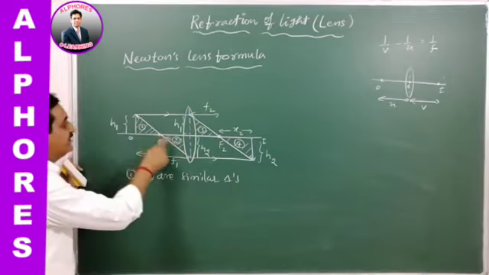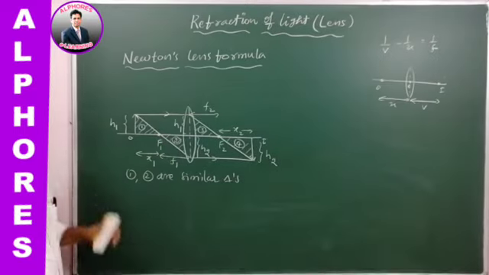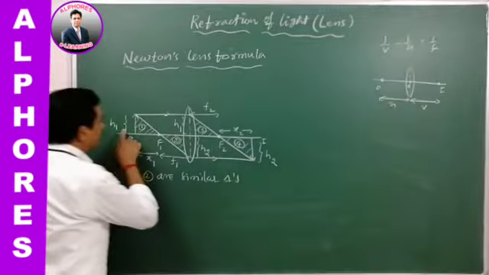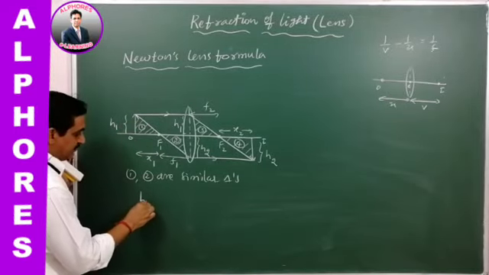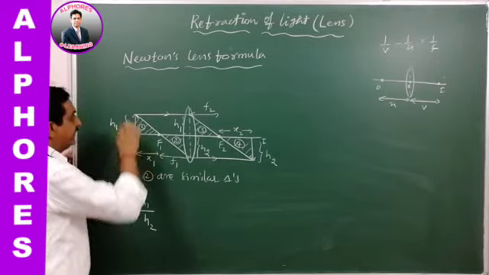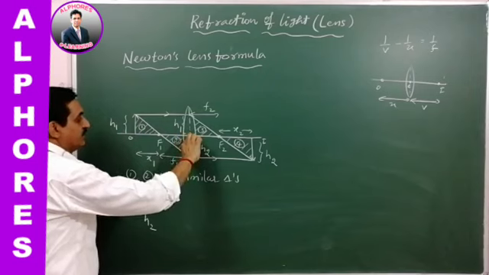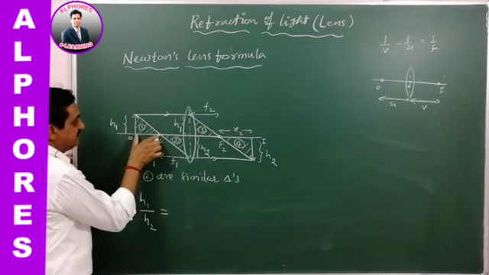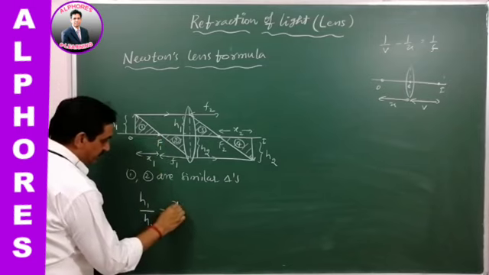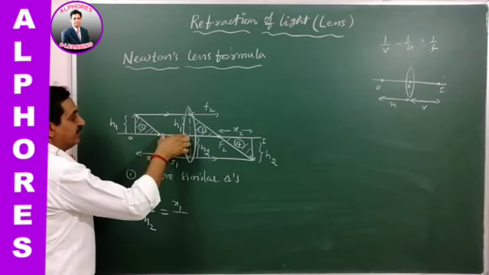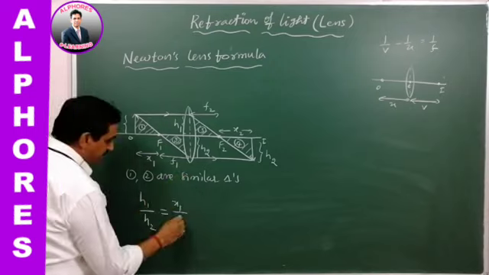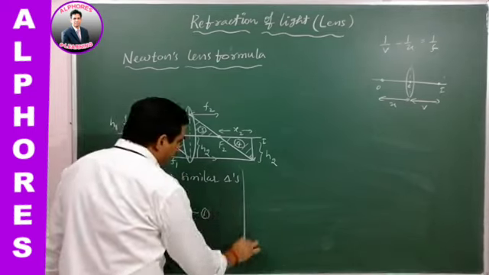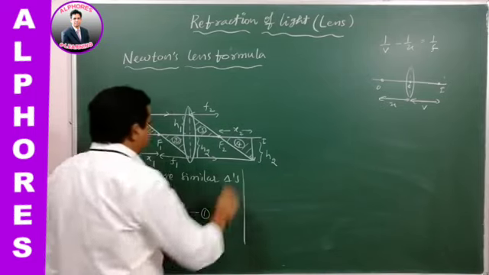So triangles 1 and 2 are similar, and the ratio of their corresponding sides, h1 by h2, is equal to x1 by f1, the corresponding adjacent sides. This is equation 1, keep it aside and go for another pair.